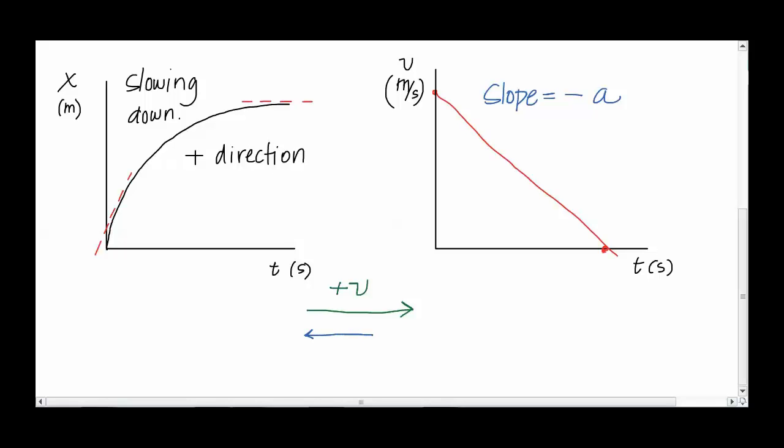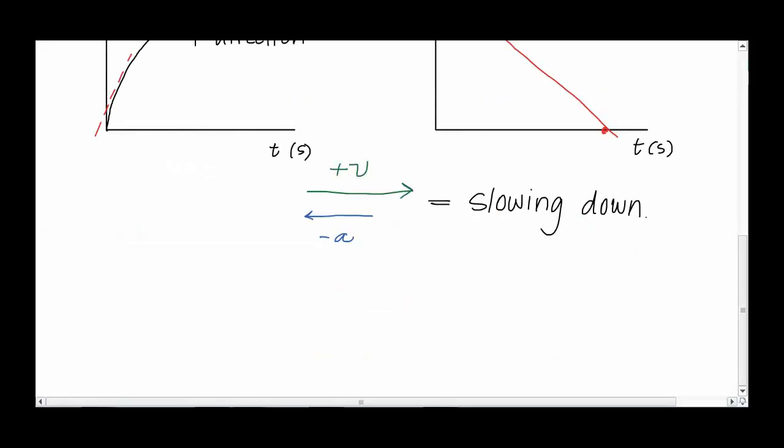Instead, it's pointing to the left. So that means for every moment of time, the velocity is decreasing. So we call that slowing down. So these two graphs match each other.